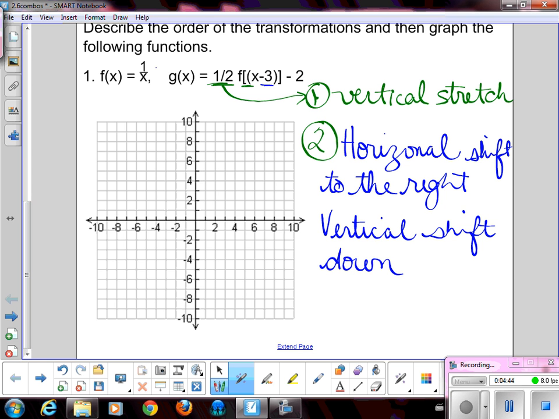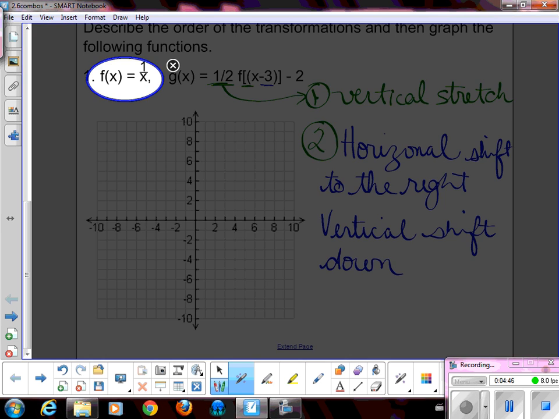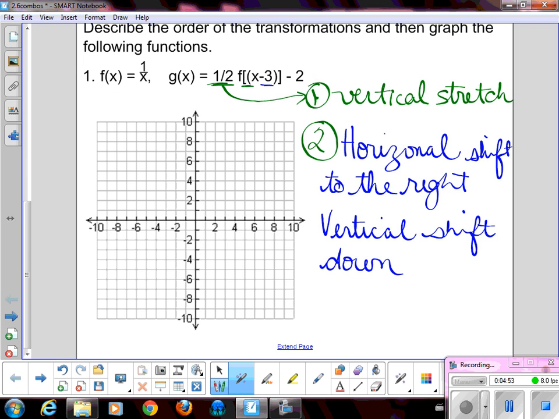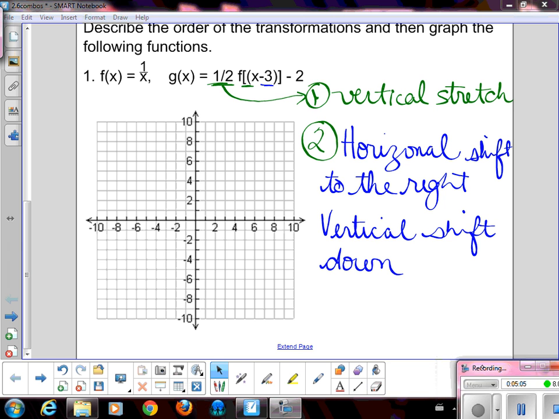Okay, and this parent function, we should know that it has asymptotes along the x and y axes, and we should know the step pattern of it. So that's the first thing that we're going to draw. Let's just take that, and I'm just going to move my recorder over a little bit so it's out of my way, but I can still see the time.